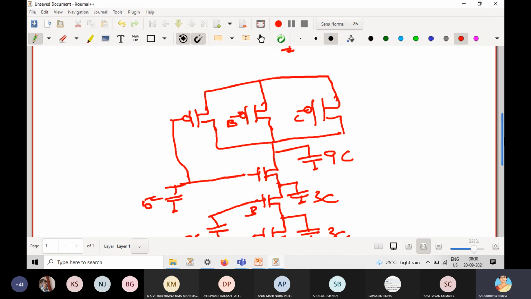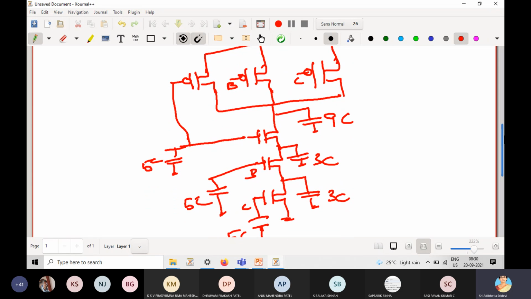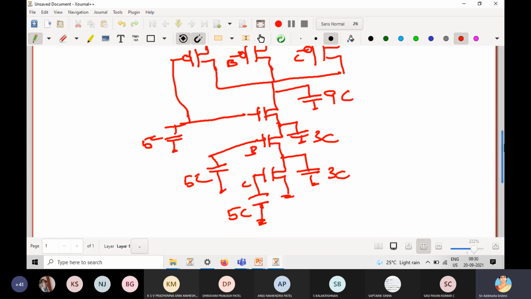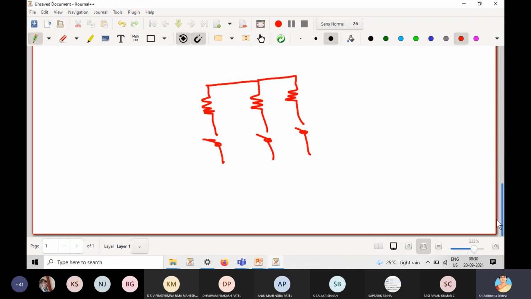Now, depending upon the input combinations, what about the resistances of the PMOSFETs and NMOSFETs then? If you can see here, you have three resistors with switches, because depending upon the input combination, they will be either on or off, right?